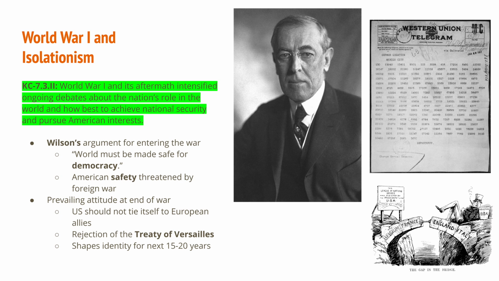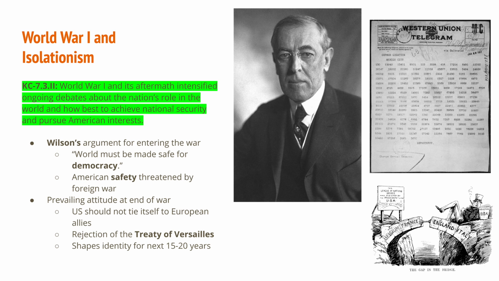All right, so World War I and its aftermath intensified ongoing debates about the nation's role in the world and how best to achieve national security and pursue American interests. So entering the war, Woodrow Wilson, the president, had to do some serious convincing to the American people that it was a good idea to enter into the war. He was really concerned about the unrestricted submarine warfare that the Germans were carrying out across the Atlantic.